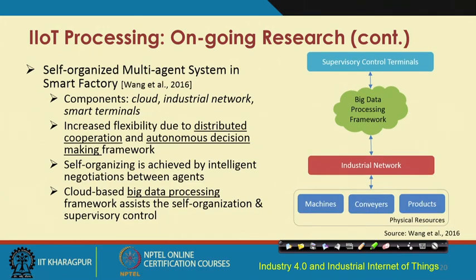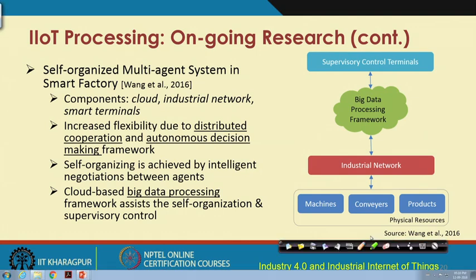In another work by Wang et al., they came up with a multi-agent system for smart factories, where they are talking about use of physical resources at the very bottom layer. These physical resources like machines, conveyors and the products are going to be sensor equipped and are connected to one another.